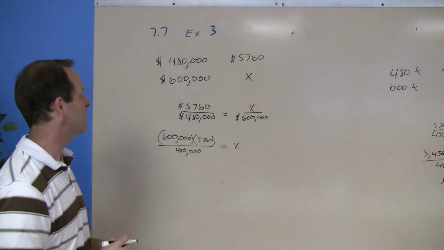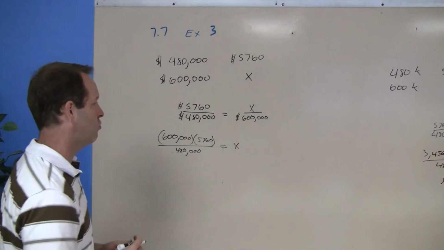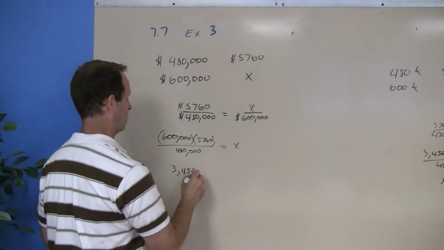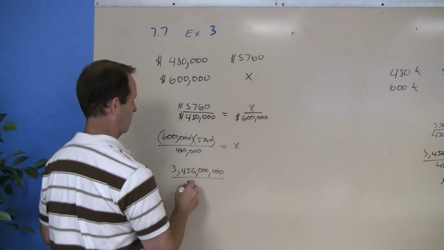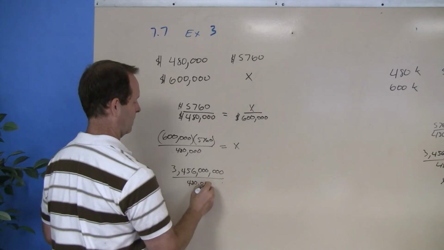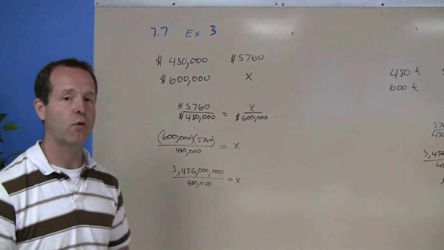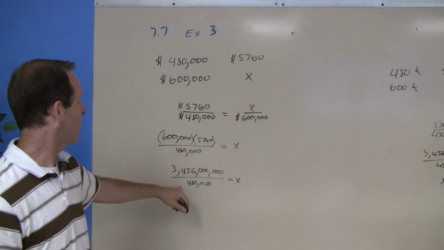Well, 600,000 times 5,760 is a big number. Looks like it equals $3,456,000,000, and my house is still $480,000.